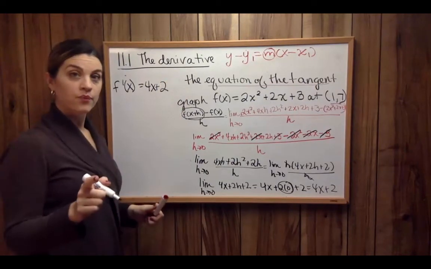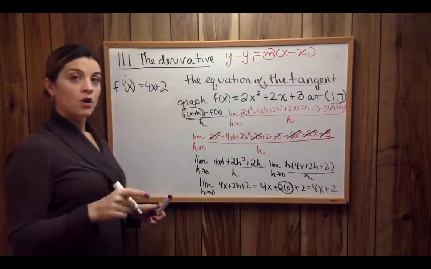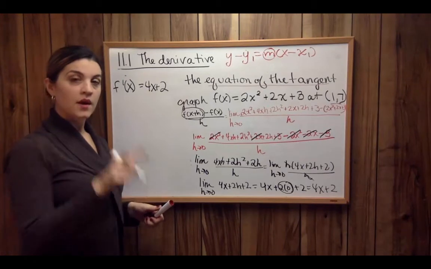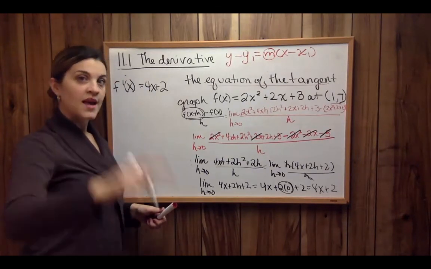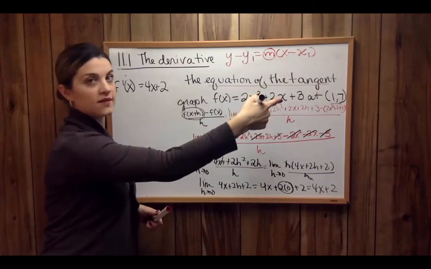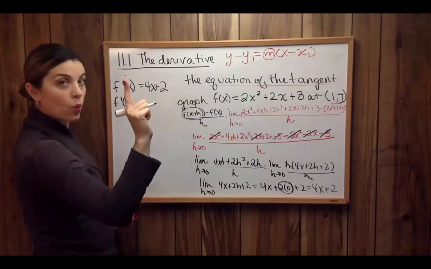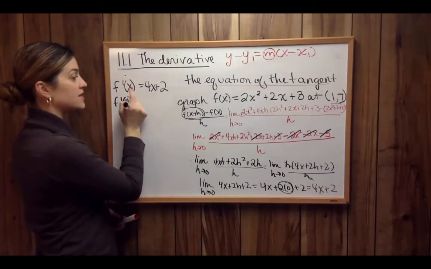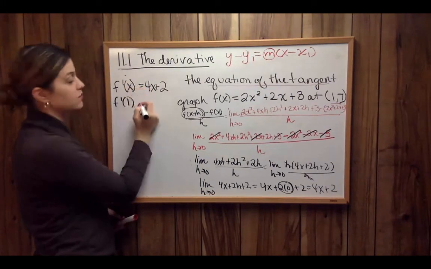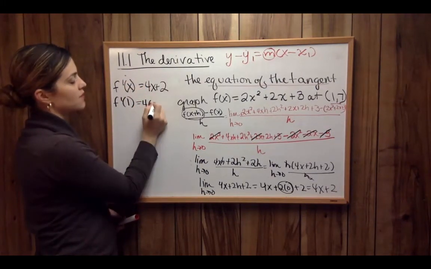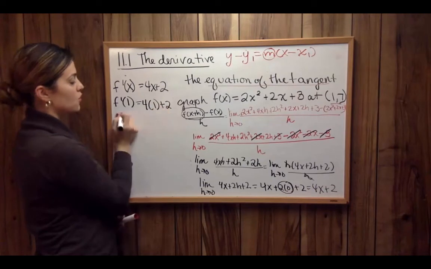Okay, now, we want to know the slope of the tangent line at the point 1, 7. So f prime of 1, because that's the x value, is equal to 4 times 1 plus 2.